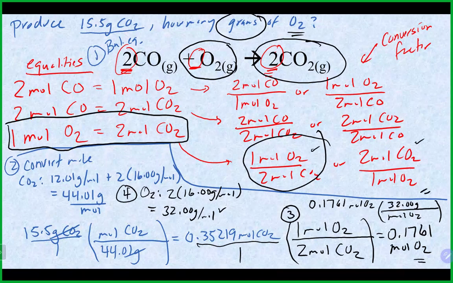That is going to get me approximately 5.64 grams of O2 in this particular case. So what that basically tells me is, if I did this reaction and I produced 15.5 grams of CO2, in order to produce that 15.5 grams of CO2, I had to put in there 5.64 grams of O2.